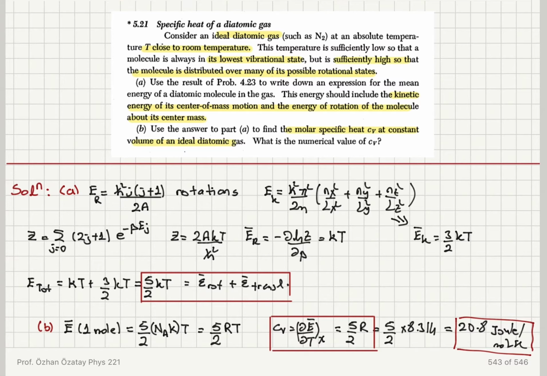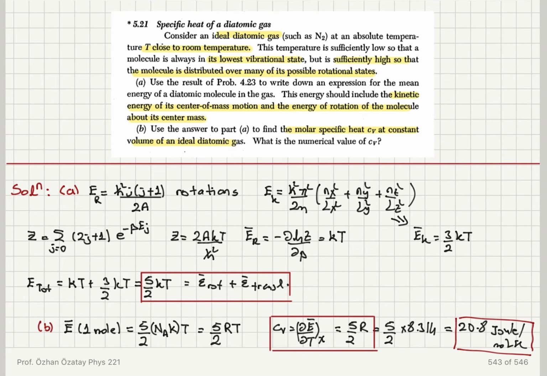So for the partition function, we have 2j+1 times e to the minus β E_j, which we have shown in problem 4.23 gives a partition function of 2AkT over ħ² and a mean energy, found by taking the derivative of ln Z with respect to β with a minus sign, of kT. The molecules are in the lowest possible vibrational state, so we don't have any contribution from vibrations.